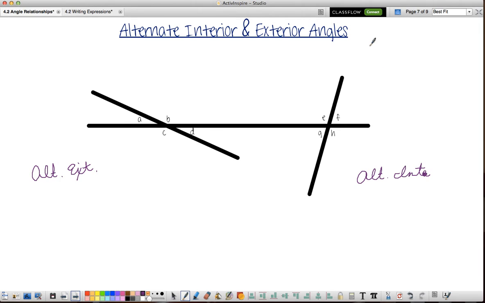So let's actually first identify our interior angles. Again, our interior angles are the ones that are going to be inside of these two lines. So the ones that fit inside of here. Okay, that's the interior of this.